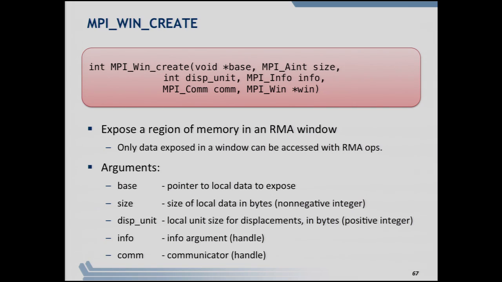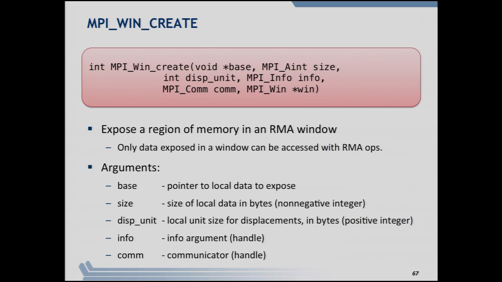Okay, so what do these things look like? Well, here is create. First, this is the address of the data that you're going to expose, and its size in bytes. And in Fortran, you have to make sure that that's an address kind integer. It can't just be a regular integer. Then there is a displacement unit.